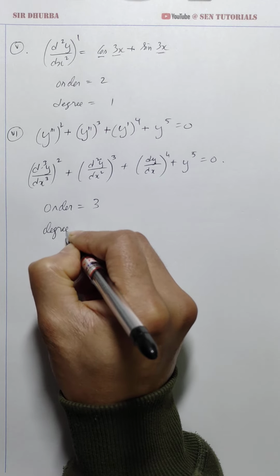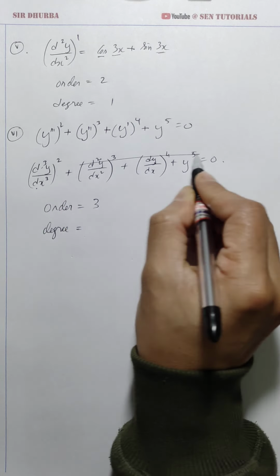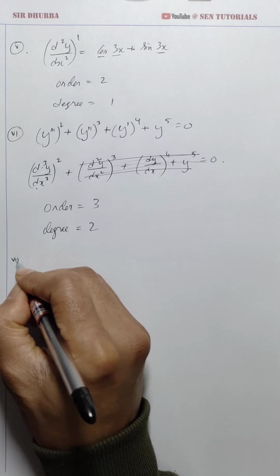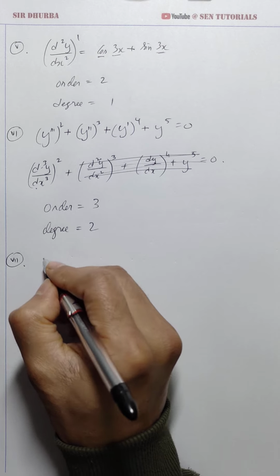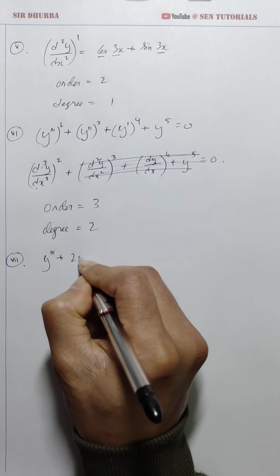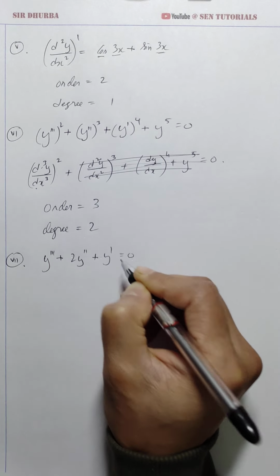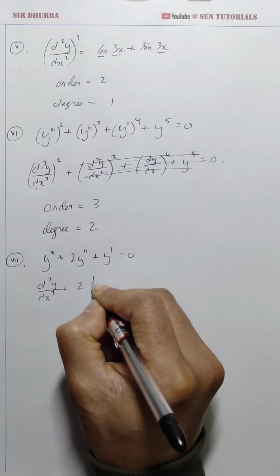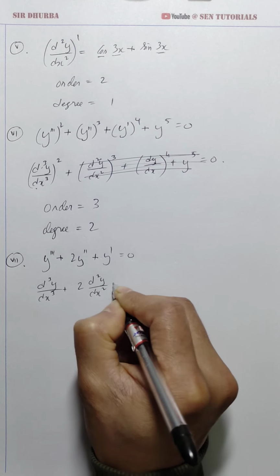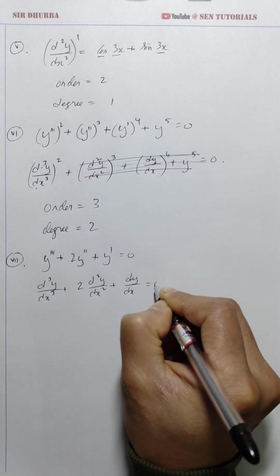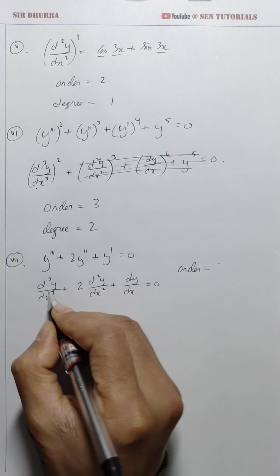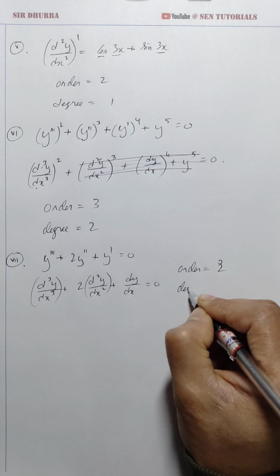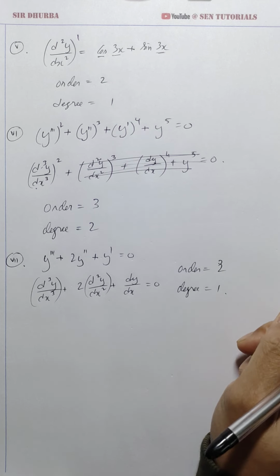Degree, since order is this, that is not our concern. Degree is the power of the highest order derivative. Getting it now? Y triple dash square, 2y double dash, y single dash. I think you can just easily guess. d cube y by dx cube plus twice of d square y by dx square plus dy by dx equal to 0. So what is the order here? Maximum times differentiation applied, 3. Degree 1.